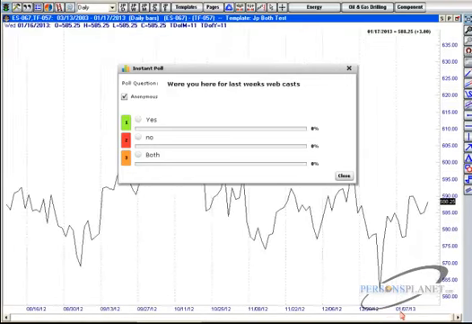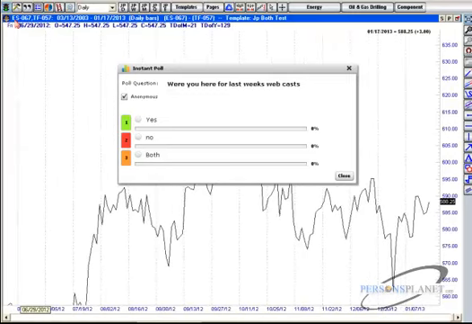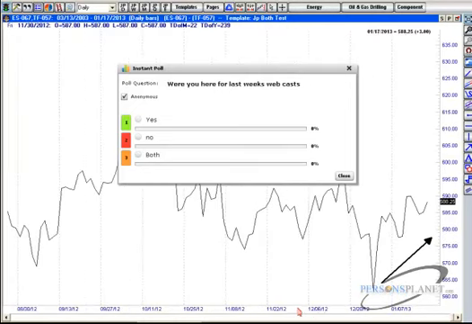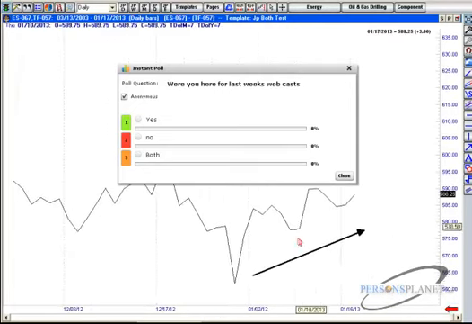If the S&Ps, which is the first symbol that we use, are going to outperform the Russell, then this chart goes up in value. And to identify, right now, as you can see, the chart is in an uptrend.